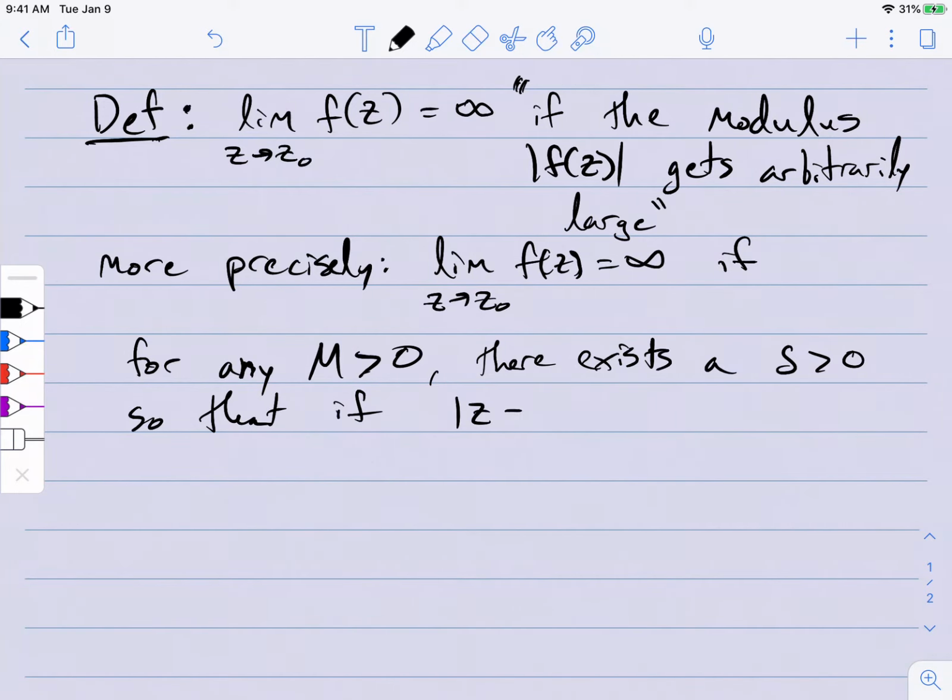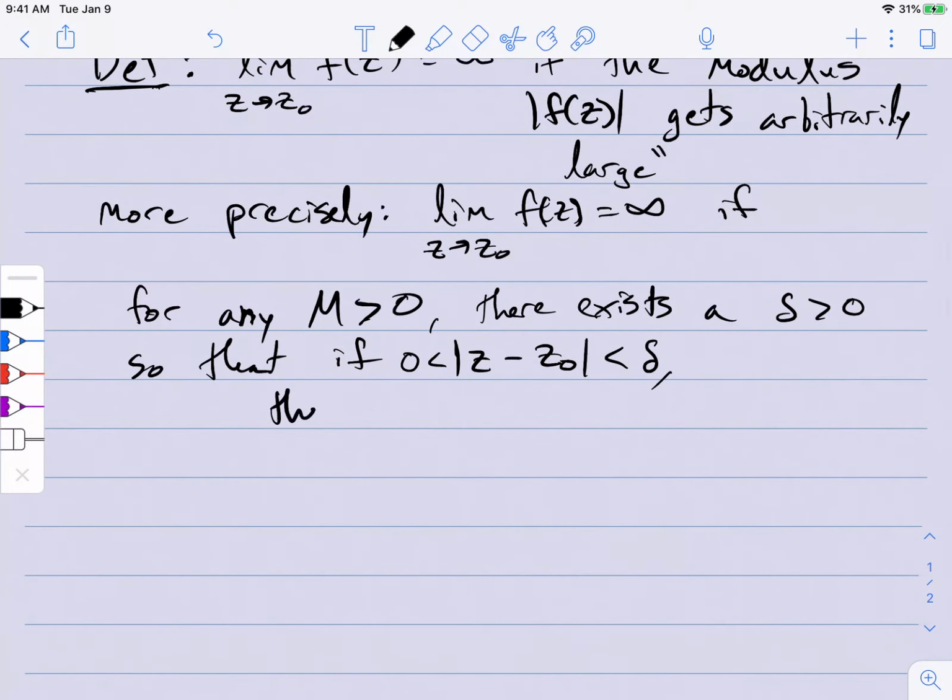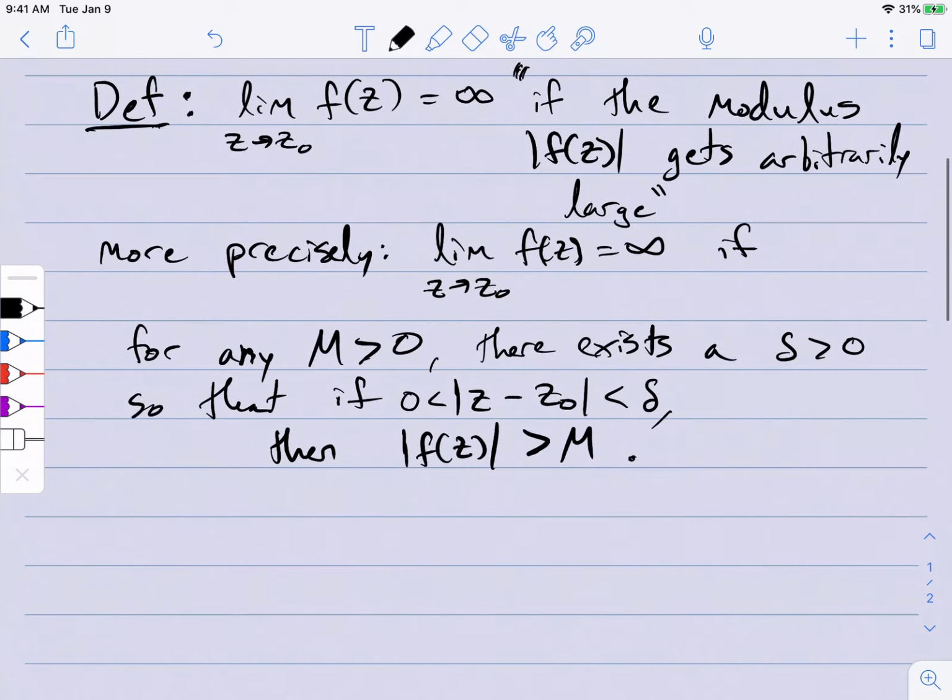so that whenever the modulus of z minus z naught is less than delta but greater than 0, so whenever z is really close to z naught but not equal to it, then the modulus of f of z is larger than M. Okay, and so this is saying that no matter how big an M I choose, if I get close enough to z naught, then the size of f of z is going to be bigger than that M. And if that's the case, we say that f of z is approaching infinity.